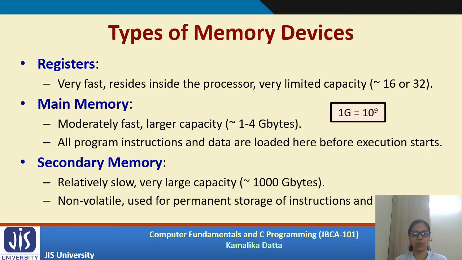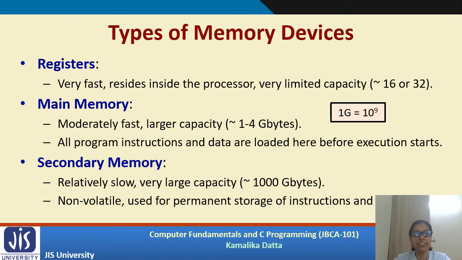Now think of one thing which I already told you, that we bring data and instructions from memory to the processor, and then we process them. What if we have some data in the processor? Then you can directly access it quickly. Bringing it from memory to the processor will take time. But if it is inside the processor, it will be much faster, right? That is why these registers are there inside the processor.